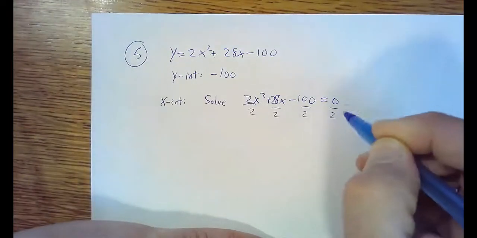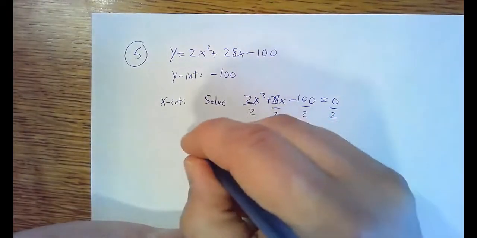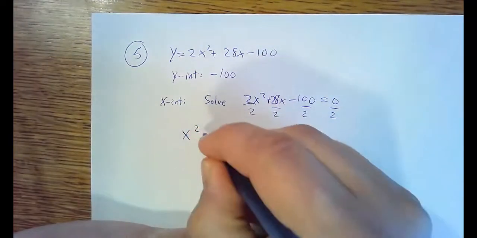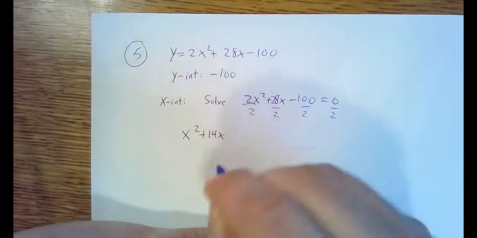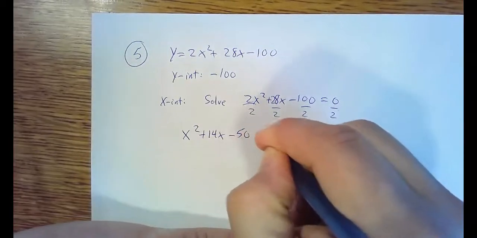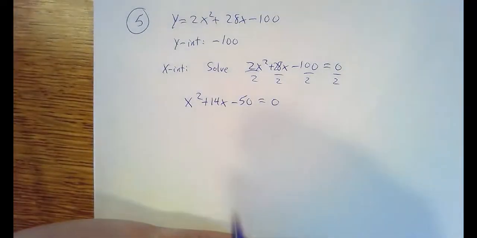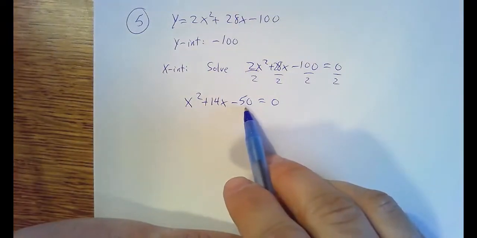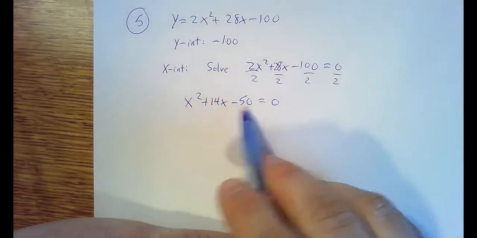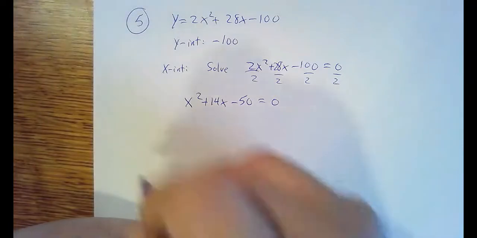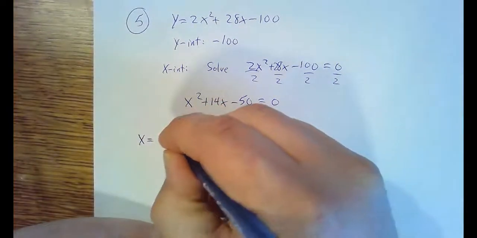And because 0 divided by 2 is still 0, I can get this reduced expression, x squared plus 14x minus 50 equals 0. And again, this is not a factorable trinomial because you can't find 2 nice integers that multiply to minus 50 and add to minus 14. So we're going to have to bust out the quadratic formula again.